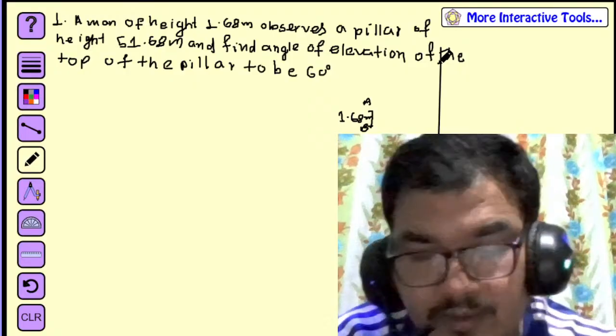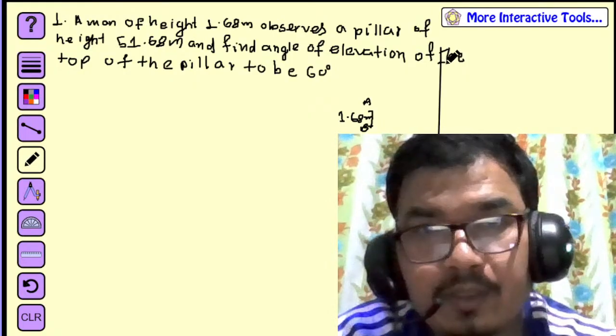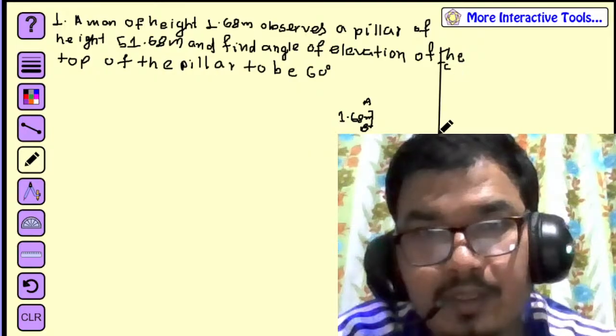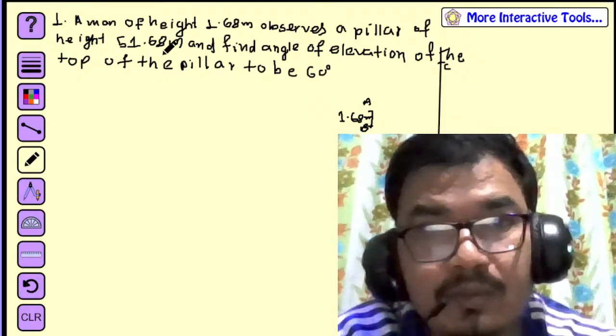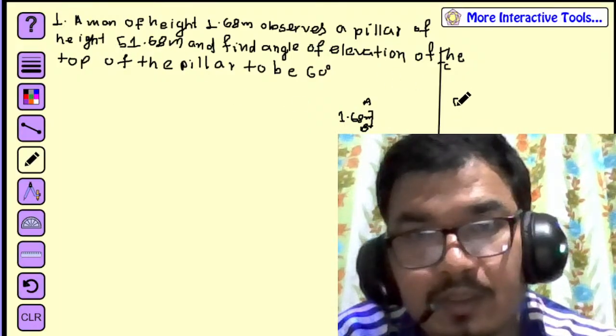Its name is C, and D here. Its height is also given in the question, 51.68 meter.